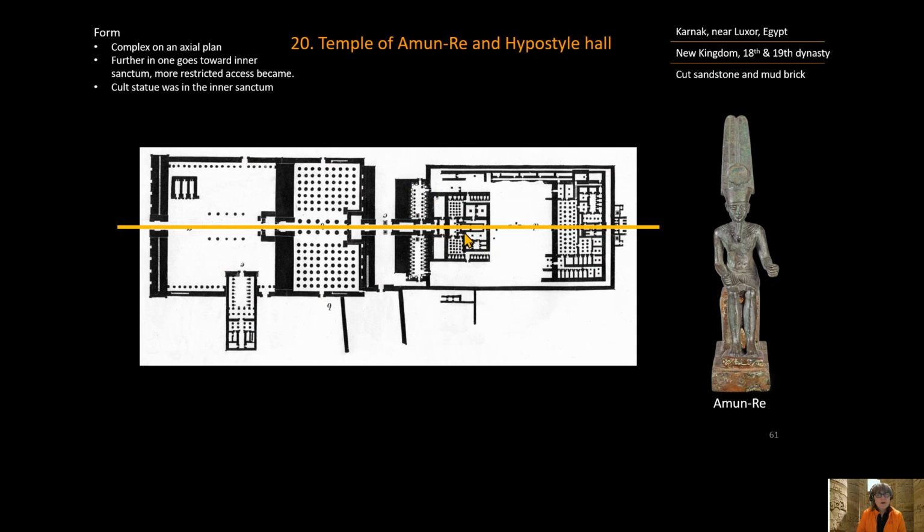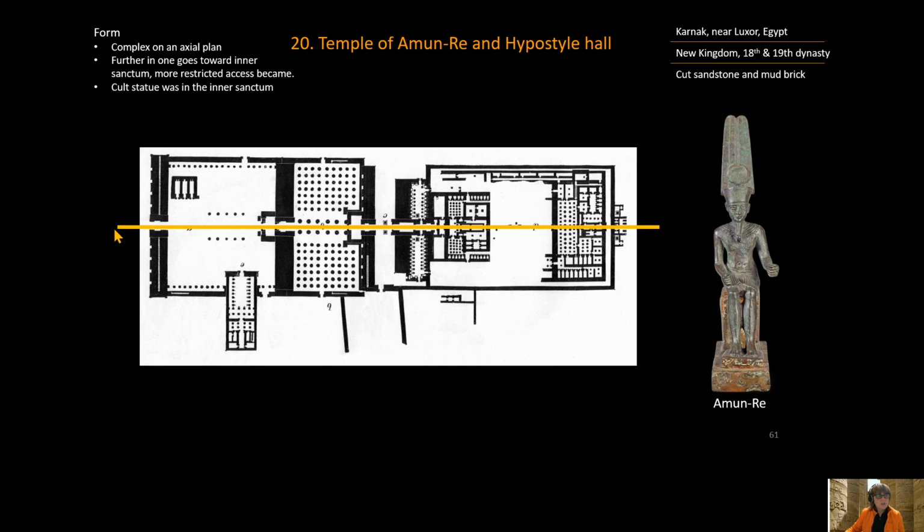Also, in terms of form, it is placed on an axial plan, meaning there's a line going north and south. I know this looks east and west, but it's actually the north and south lay of the land. And then there also is an east and west line.